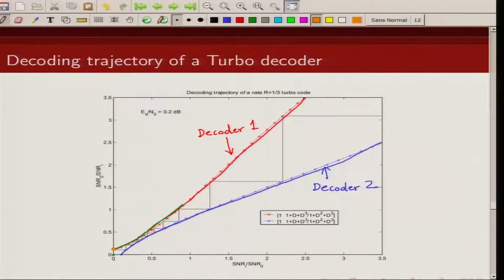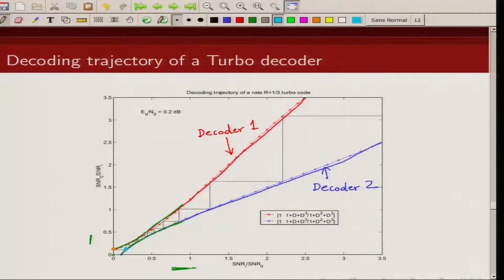Note that the extrinsic information we are getting from decoder 1 is going to be the a priori information for decoder 2. So we now look at this curve, which is the transfer characteristics of decoder 2. For decoder 2, this side is input and this side is output. We look here and look horizontally. This is the point, the SNR out corresponding to decoder 2.